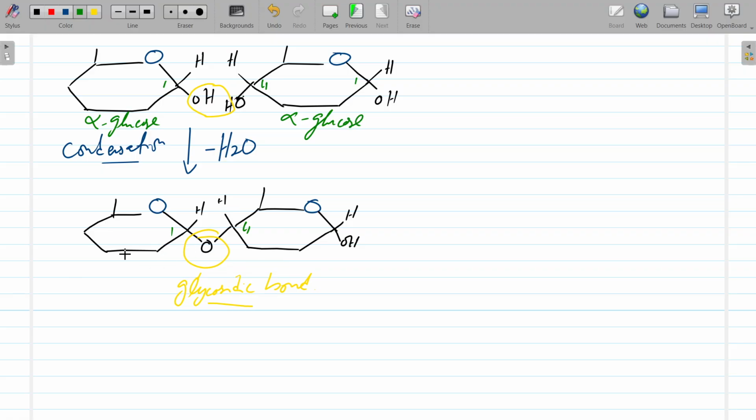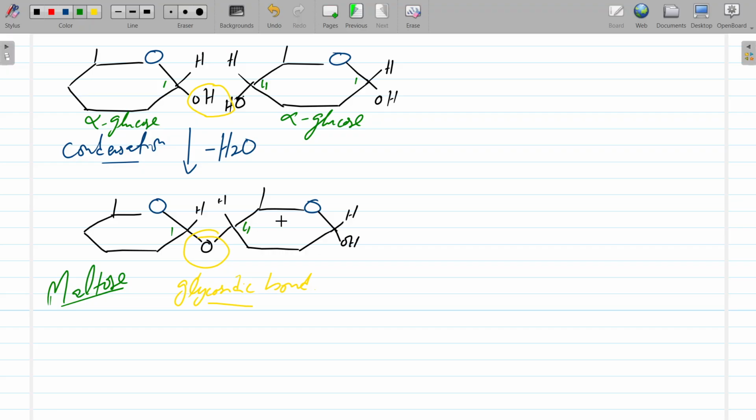And the product that you've gotten is maltose. That is a disaccharide, and as you know, maltose is what leads up to the formation of starch, or glycogen, depending on what organism you're talking about. So this is what a molecule of maltose looks like.